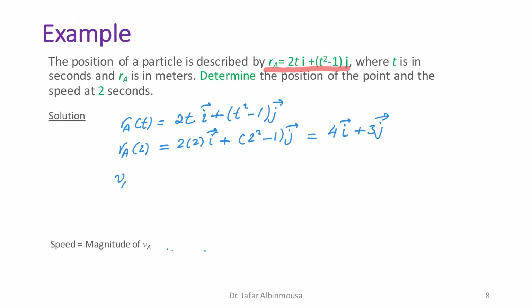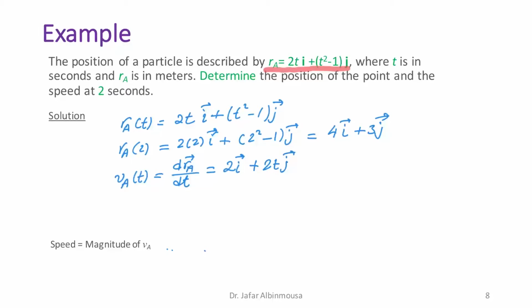So the velocity of A as a function of time is dr_A over dt as a vector, of course, which is equal to 2i. The term was actually 2t, but we took the derivative with respect to time, and we ended up with 2i plus 2t j.